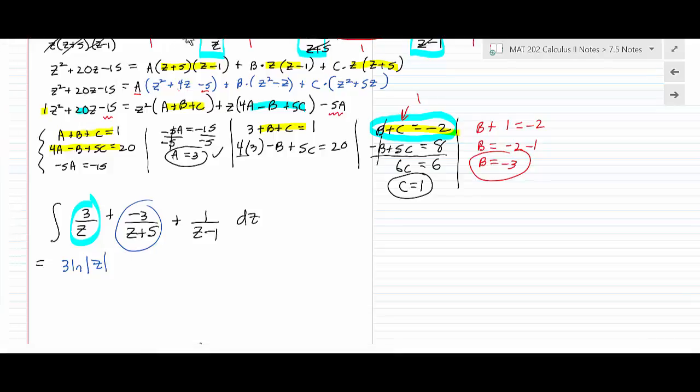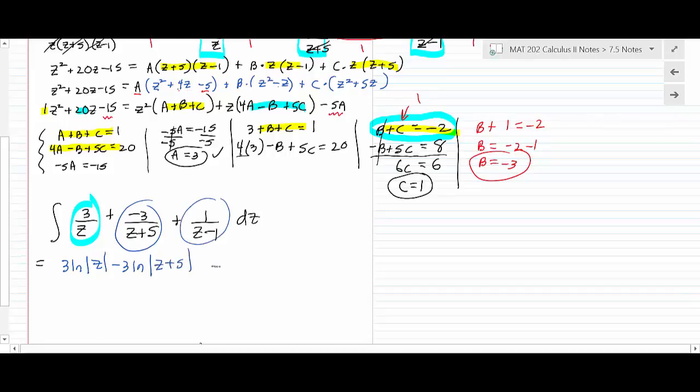You have a constant, so that's minus 3, then ln of z plus 5. And then the last one is plus 1, or ln z minus 1, plus c. You need to always put your logarithms together, but that's the integral right there. All that partial fraction decomposition did was allow us to break this up into 3 parts, and then the integrals are easy.